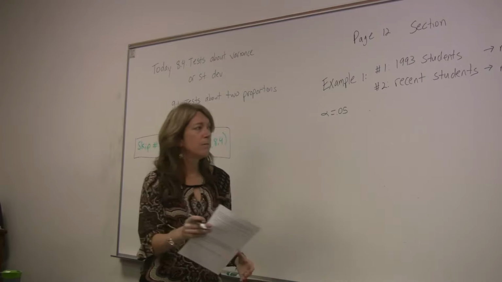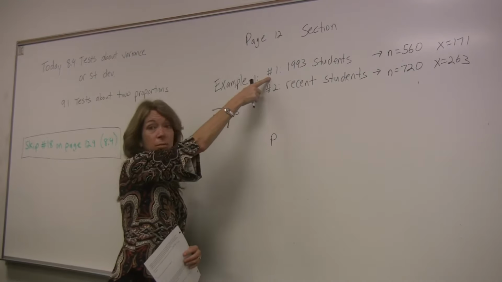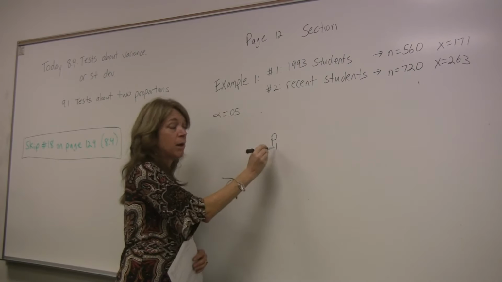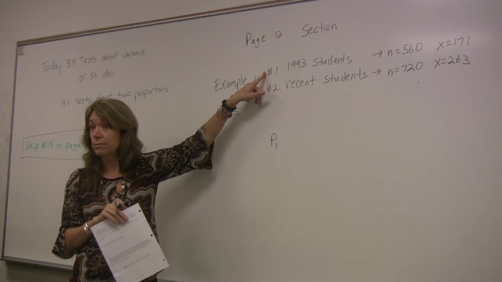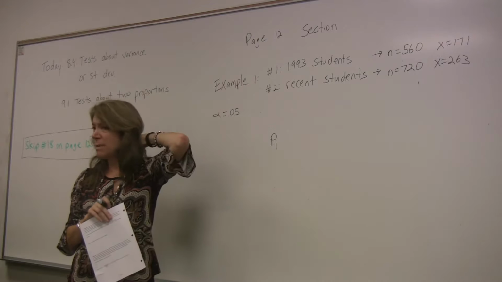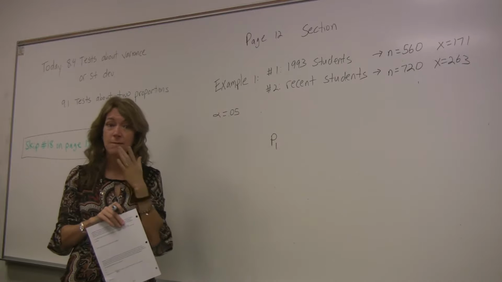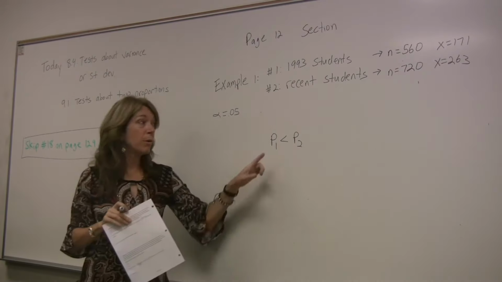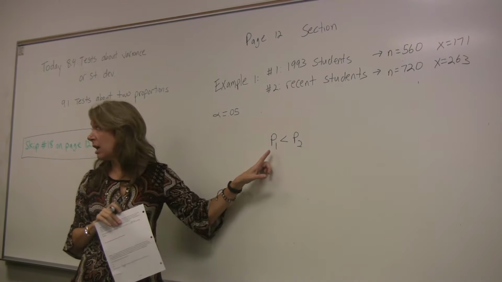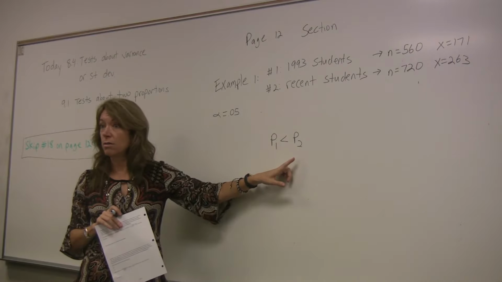P. And because they're talking about the proportion of students in this group, I'm going to call that P1, the proportion for group 1. So what's my claim? P1 is less than P2. The proportion from 1993 is less than the proportion from recent years.